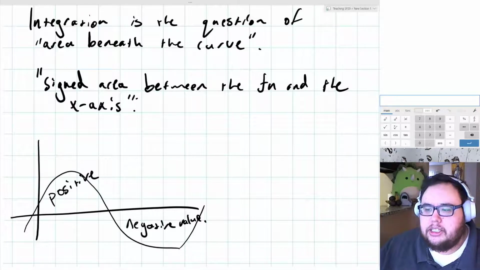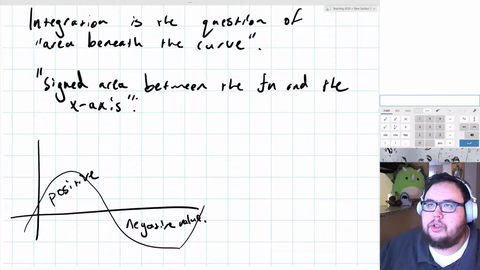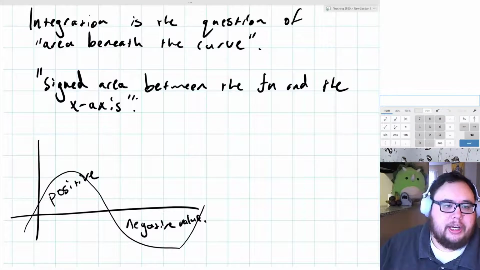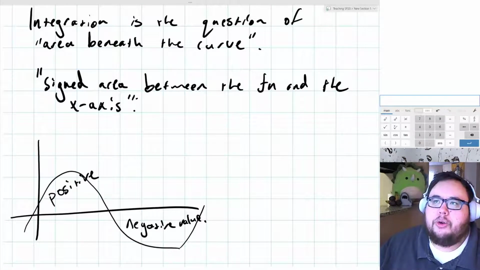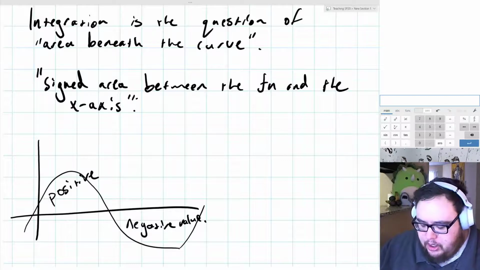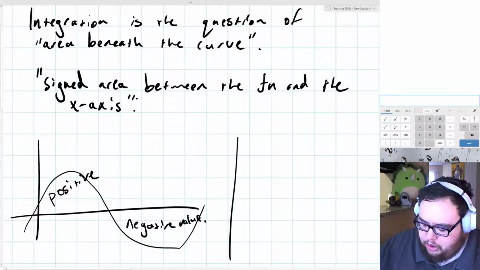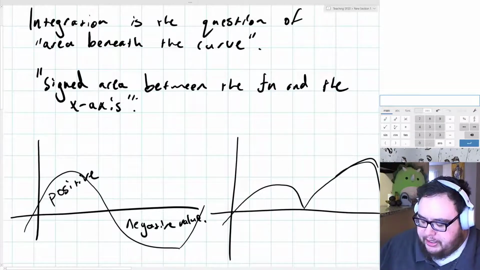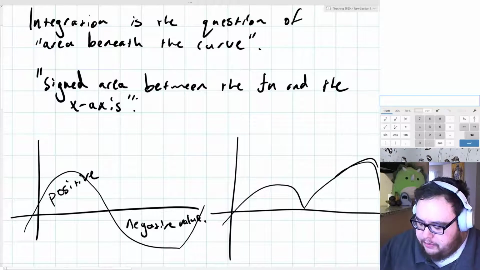But this concept of a signed area is just how things mathematically end up working out when we're doing integration. If we want to know the actual total area between the curve and the x-axis, then we would have to do something like an absolute value, which would result in that curve having two different sections both above the x-axis, so positive and positive.